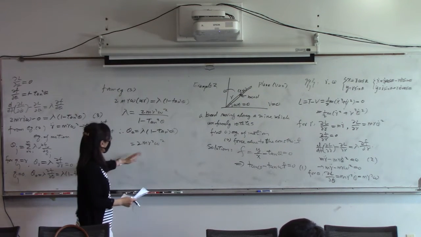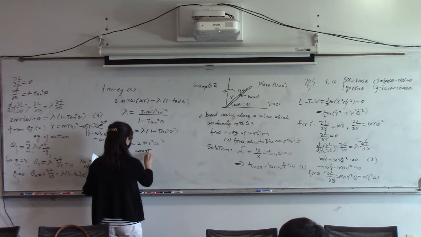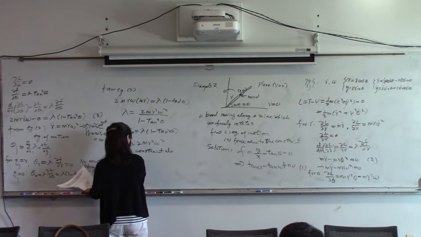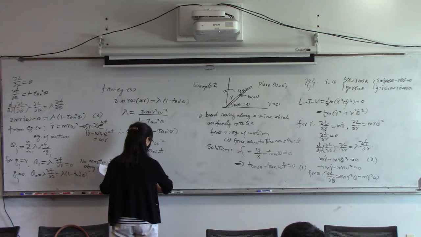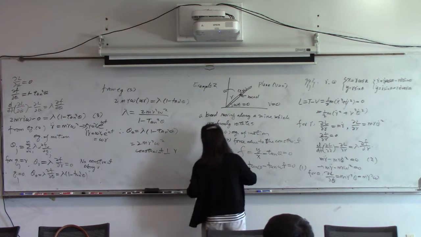Now what does this mean? At least we know the direction. This is a constraint perpendicular to the r, because theta is that direction.